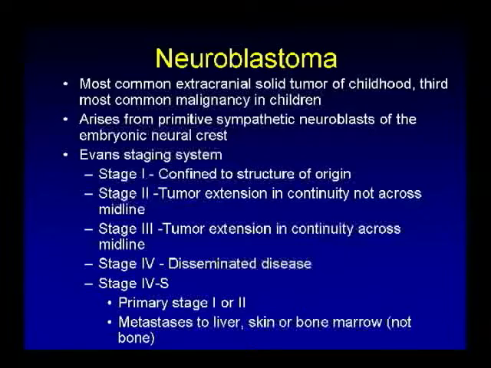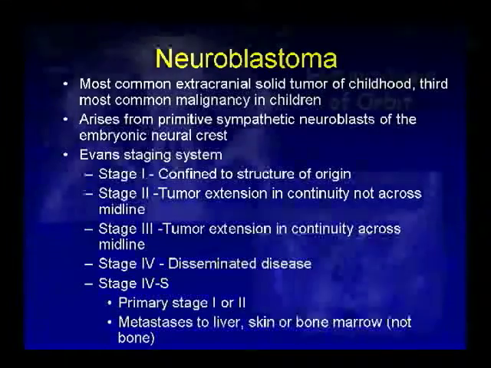You need to know one, and the Evans staging system is as good as any. But realize that as you go forward in your careers, your clinical colleagues may be coming to you needing very specific questions answered about neuroblastoma patients because their protocols and how they're going to operate on these patients is very dependent upon what we're seeing on our imaging.